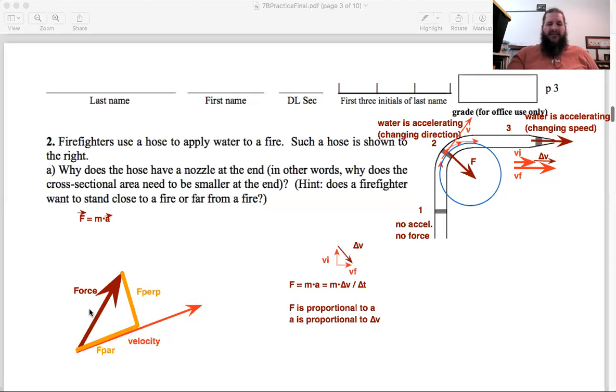So this diagonal force is going to make the object get faster and curve upwards. An exactly perpendicular force does not affect the magnitude of the velocity. If the force is perfectly perpendicular to the velocity and stays perpendicular, then that force does not change how fast the object is moving. It only changes what direction it's traveling.